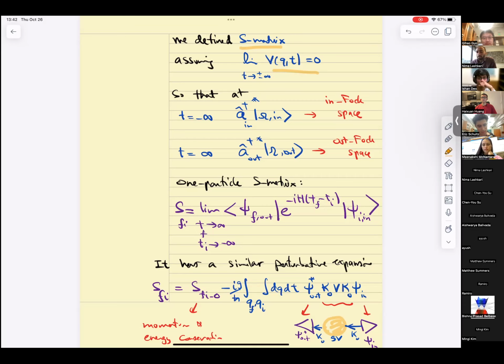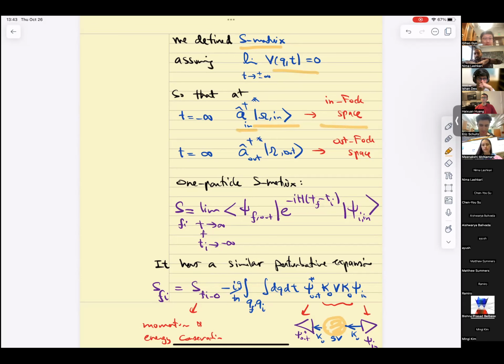If that is true, then in the language of canonical quantization, long time ago your theory was a free theory. So you could canonically quantize it, and you get a Fock space. We call that Fock space the in-Fock space. There's a vacuum of the in-Fock space, and there are creation and annihilation operators that will create in particles.